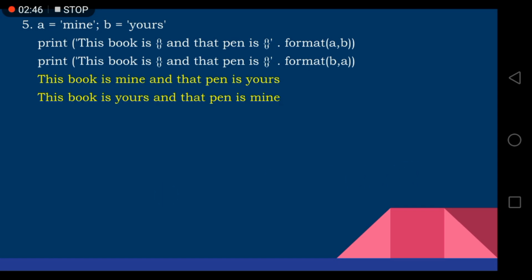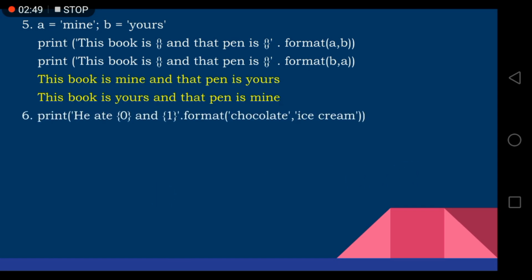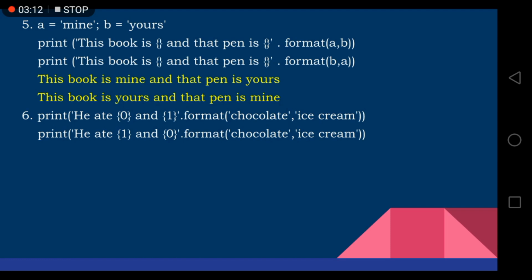Okay, now this is the example. Next example is print he ate {0} and {1} dot format chocolate comma ice cream. Now this means that 0 means the first one, 1 is the second one. And now if you use the statement print he ate {1} and {0} dot format chocolate comma ice cream, let us see what the answer will be.